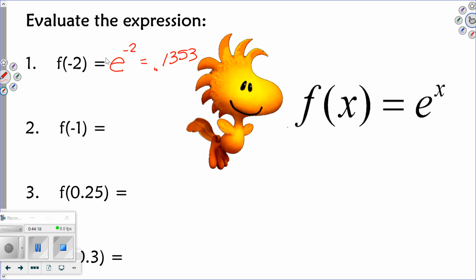Give me 4 decimal spots. Okay, if I do e to the negative 1. 0.367. If I round to 4 decimals, that would technically round that to a 9. Okay, see the decimal after that, or the digit? Okay, about e to the 0.25.